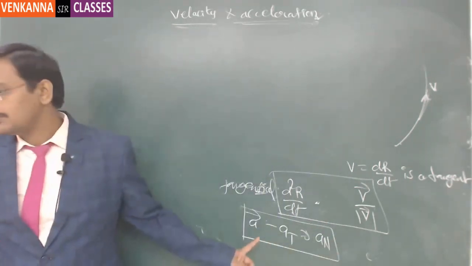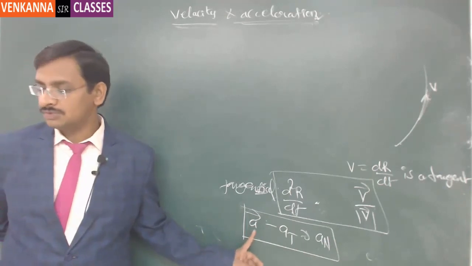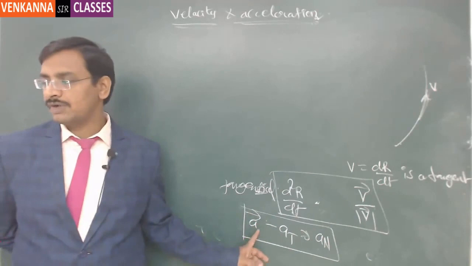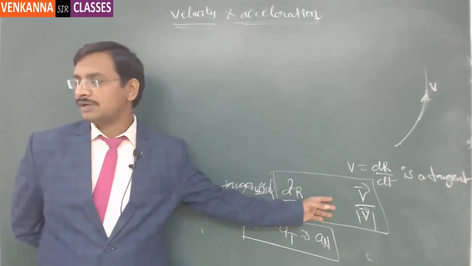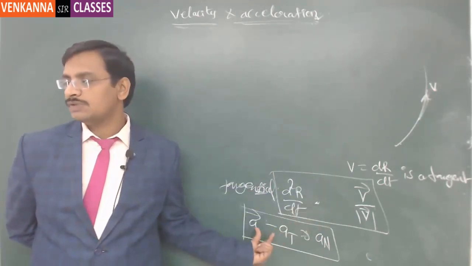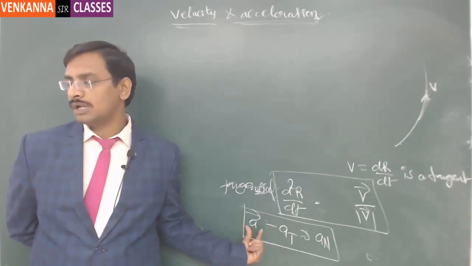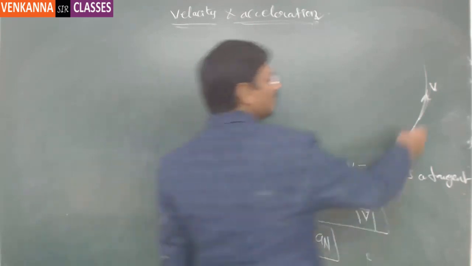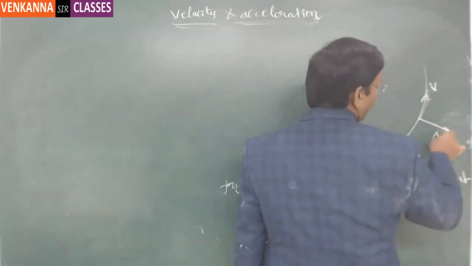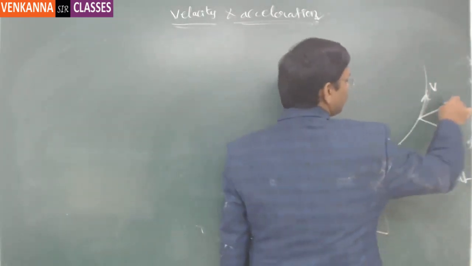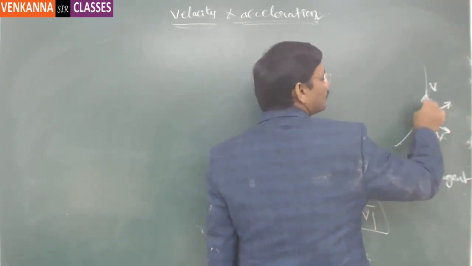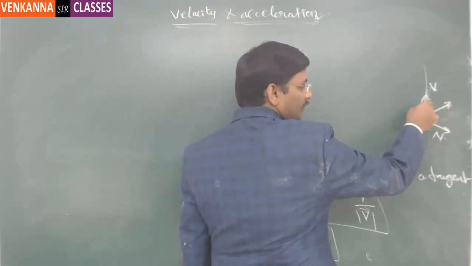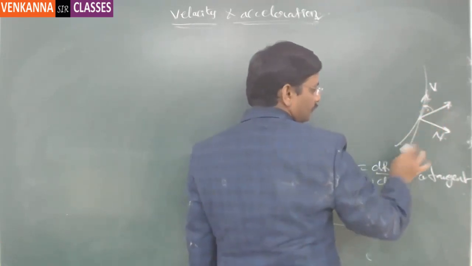You find out the acceleration vector, and then for the acceleration vector, find the component of acceleration along the tangential direction. Then if you subtract the tangential component from the total acceleration, it is going to be the normal acceleration. If this is the tangential acceleration and this is the normal acceleration, and this is the total acceleration, you calculate the dot product, subtract it, and you get this one.